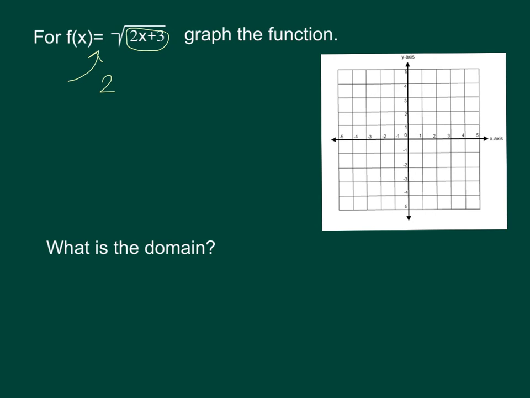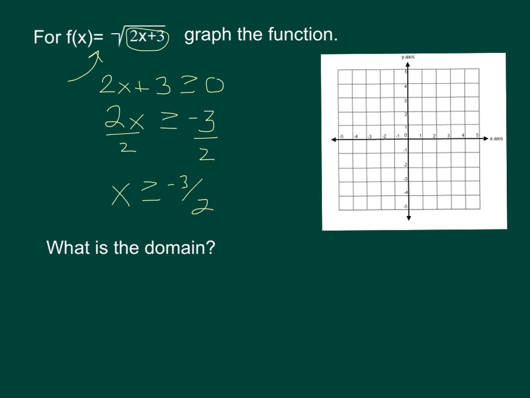So we want 2x plus 3 to be greater than or equal to 0. And we can solve this inequality by first subtracting 3 and then dividing by 2. So the domain for this is x has to be greater than or equal to negative 3/2.